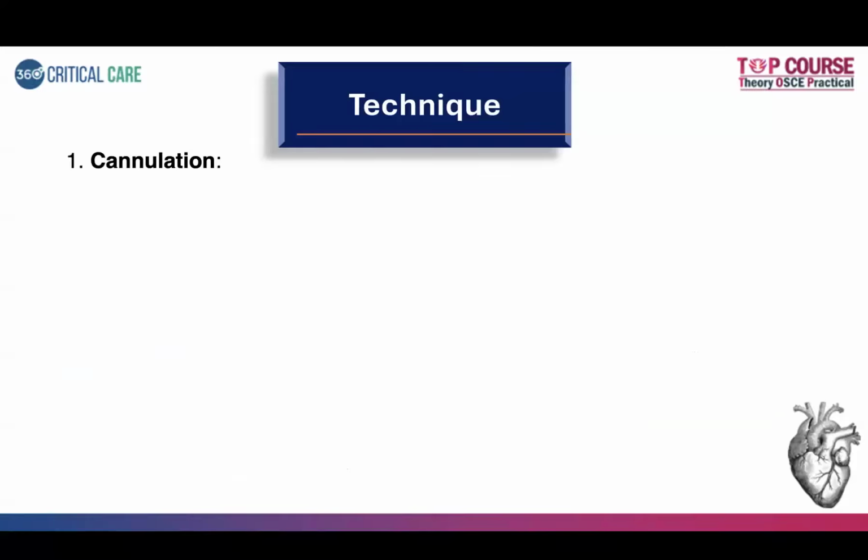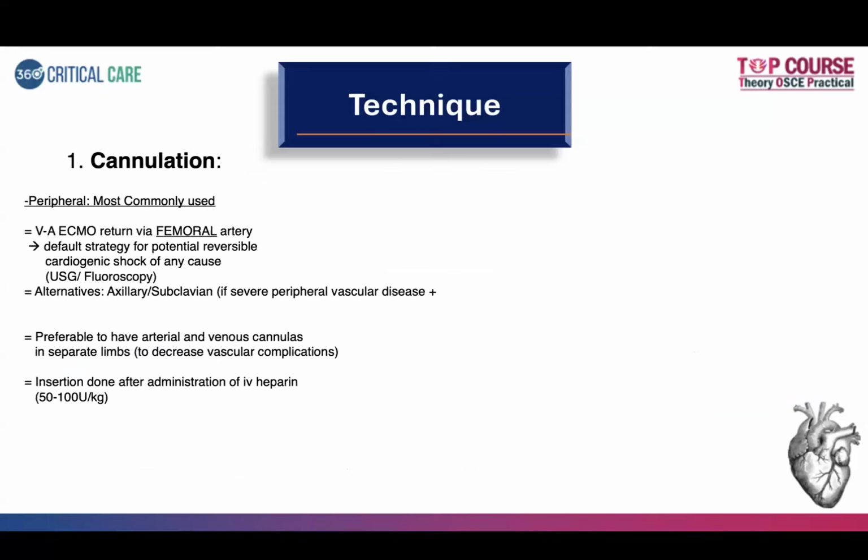So coming to the technique, the first one is related to cannulation. So peripheral ECMO is what we commonly use nowadays because of its easy accessibility, availability of expertise around the clock. So usually VECMO is done via femoral approach most of the time.